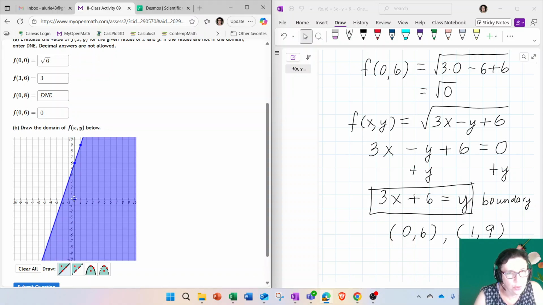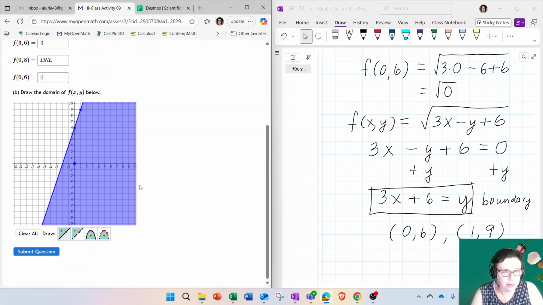So then you already know the domain is going to be to the right of that line. So 3, 6, where is 3, 6? Well, 3, 6 is also over here somewhere. I don't need to graph it, but I can just tell that 3, 6 is there. Also 0, 6, well, that's on the boundary. But for example, 0, 8, which would be like over here somewhere, that should not be in the domain. So I already know that I got it correct.